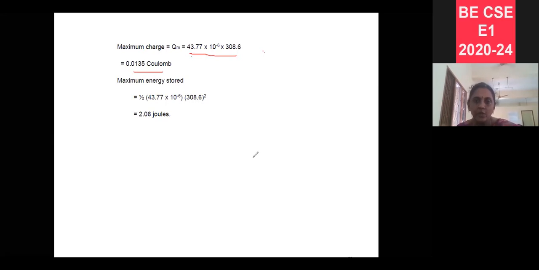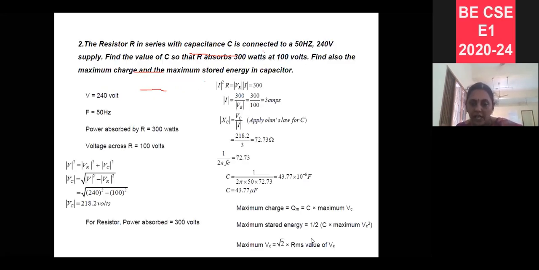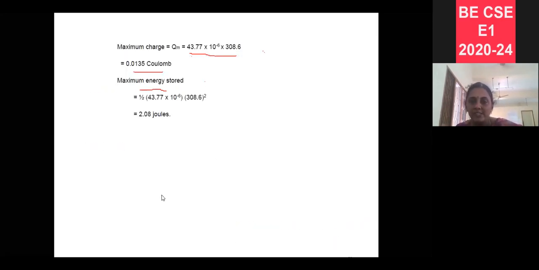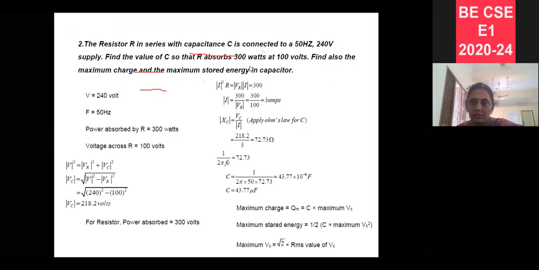Next, maximum energy stored. For maximum energy stored, we use the formula half into C into maximum of VC square. See the formula I displayed here. Please note down the formula because it will be useful for others.